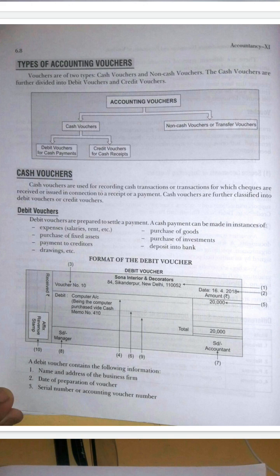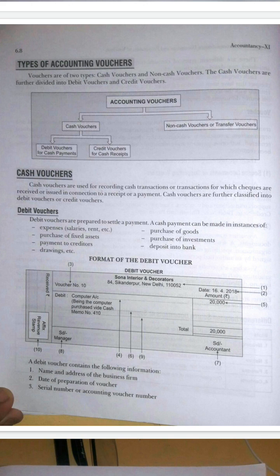Cash vouchers are divided into two types: debit vouchers for cash payment and credit vouchers for cash receipt. Receipt is the income. Okay, understood? So if there is a cash payment, we have to prepare the debit vouchers, and if there is a cash receipt, we have to prepare the credit vouchers.